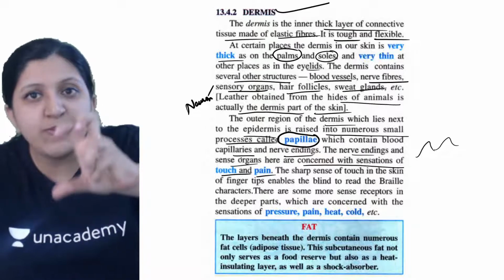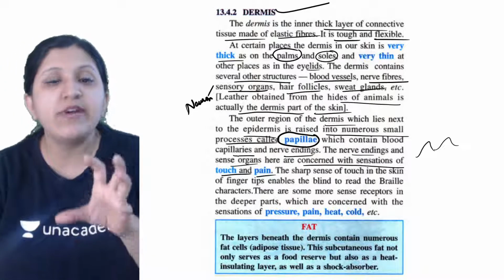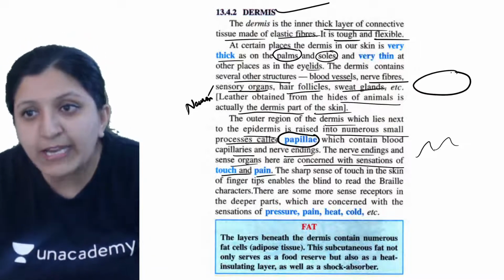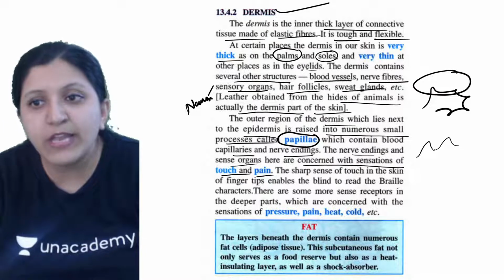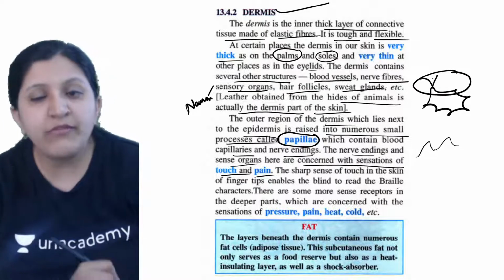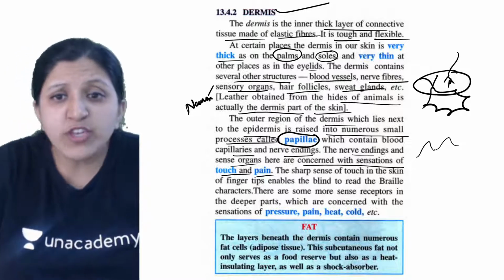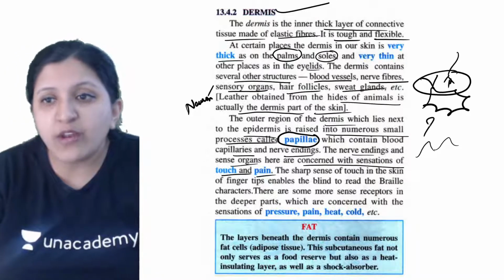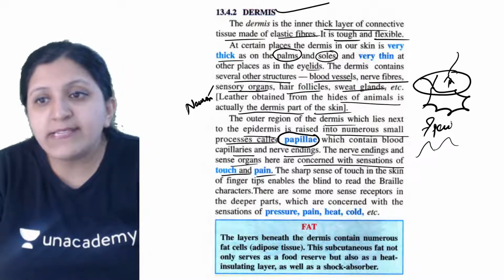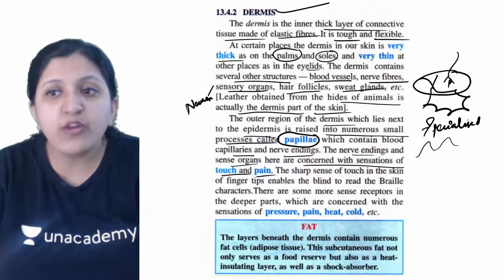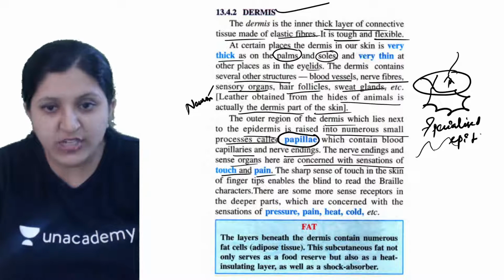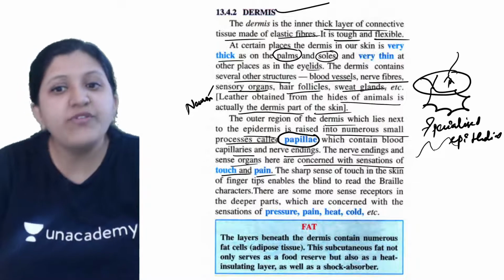That is basically epithelial tissue itself. If the epithelial tissue has a neuron or a nerve ending, like an axon, then we can call it a specialized epithelium, which lets you feel sensations, that is, the sensation of touch and pain.